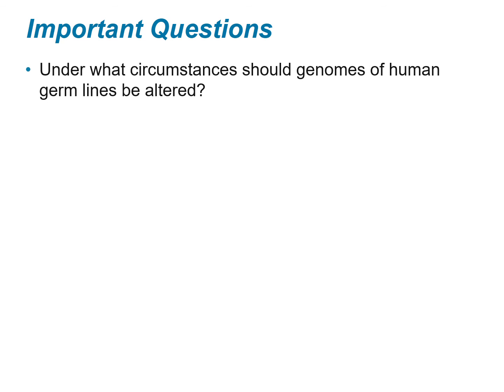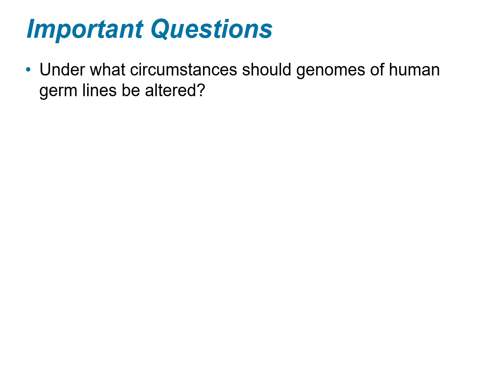So these are some important questions that I want to conclude with, and maybe you want to think about these. Under what circumstances, if any, should genomes of human germlines be altered? Okay, so is this a moral problem?